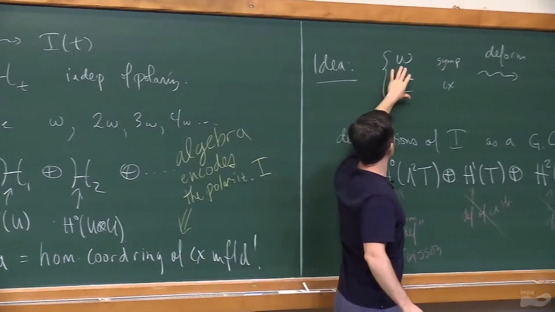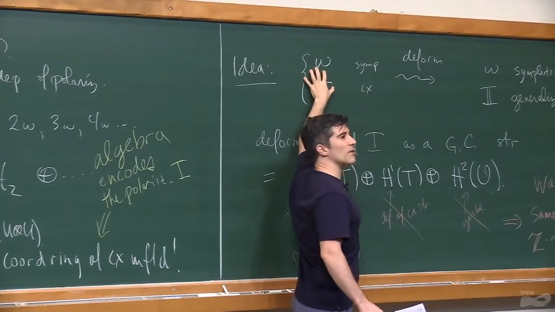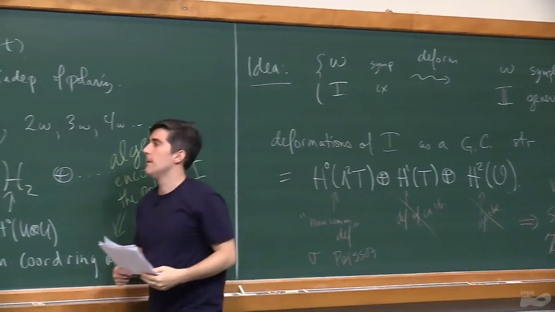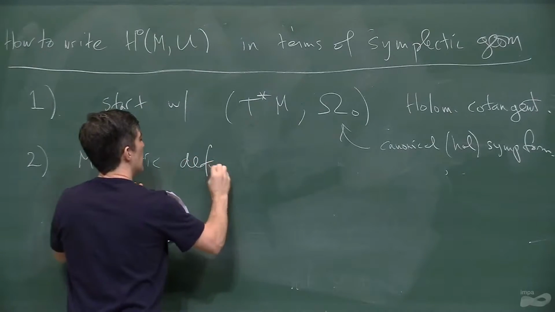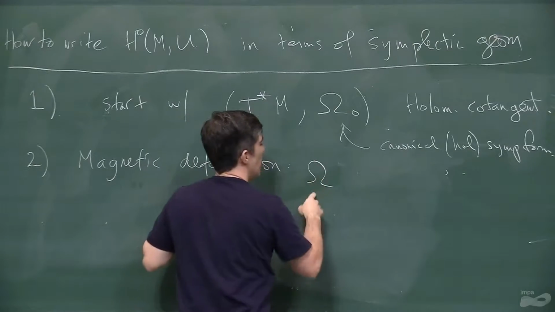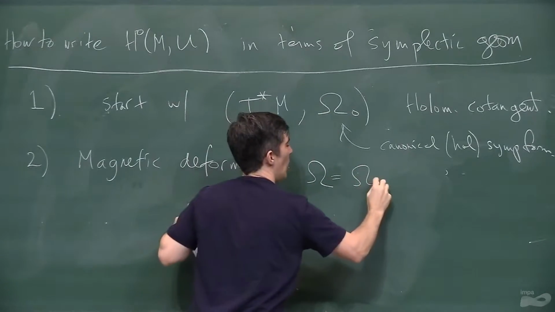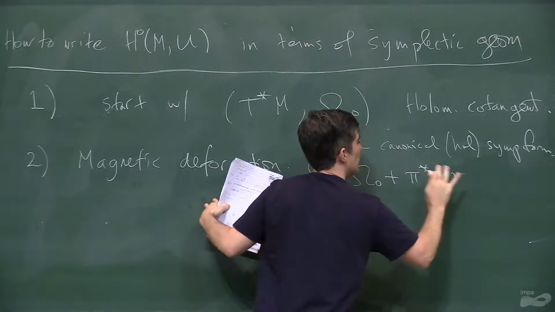So the problem is that this is now expressed in a way that does not deform. So I need to re-express this in a way that does deform. Okay, so I'm going to do now a magnetic deformation. I'm going to define a new two-form, which is the old two-form plus the pullback of the Kähler form.